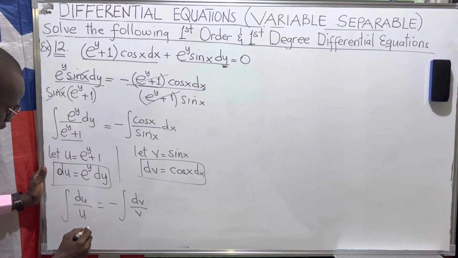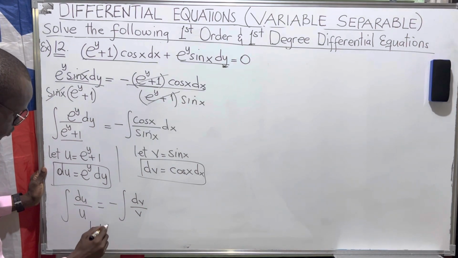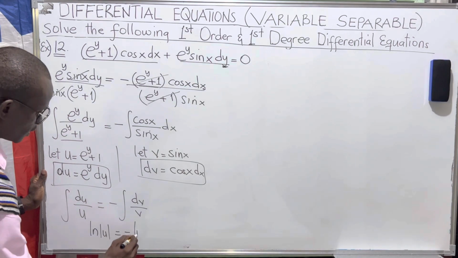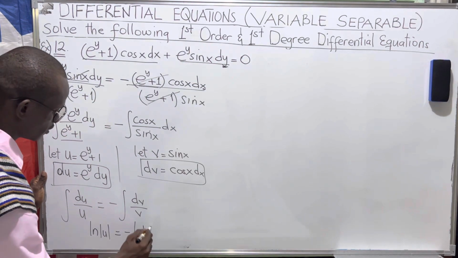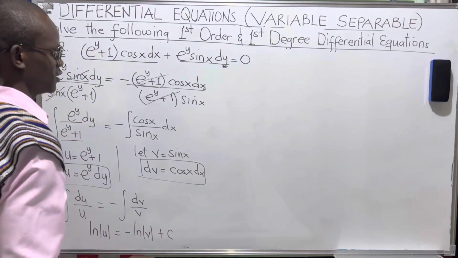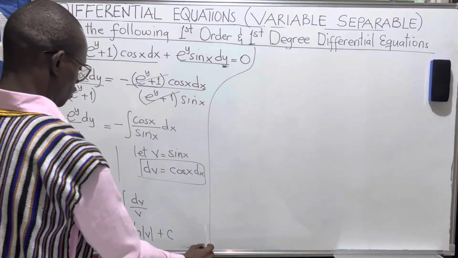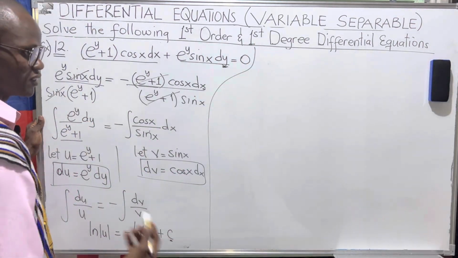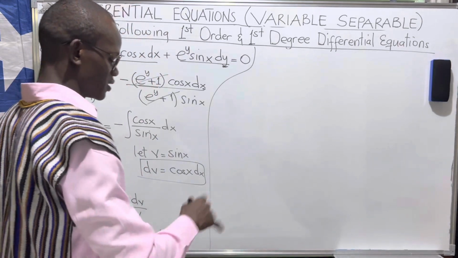So if we integrate now, we have the ln of u equals negative the ln of v plus some arbitrary constant c. We can rewrite this c as ln of c, which still remains a constant.